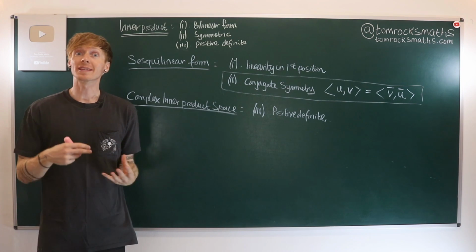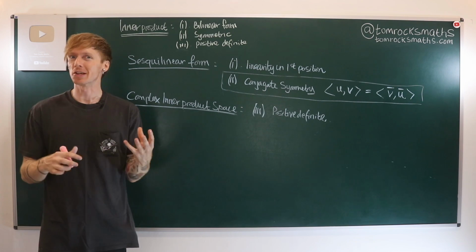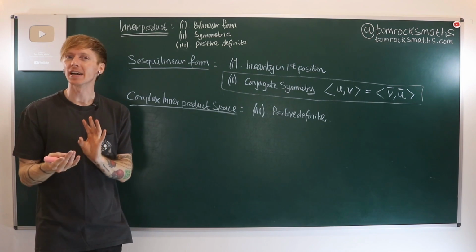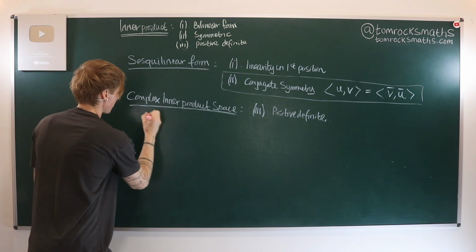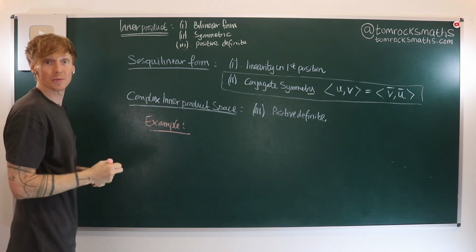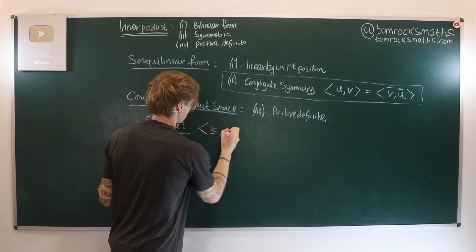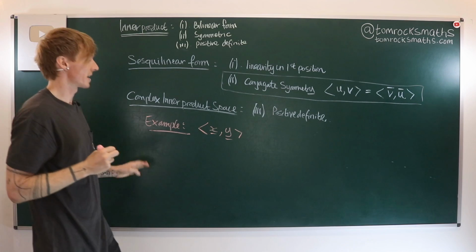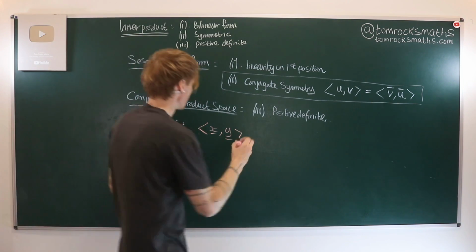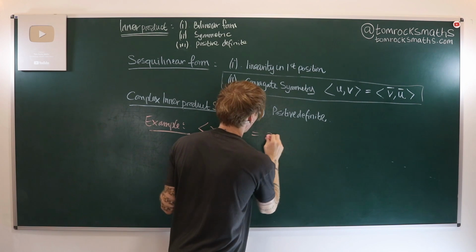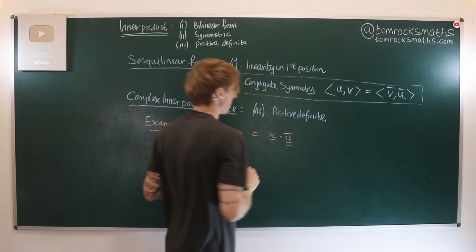As before, the simplest example follows from something very similar to the dot product, just slightly modified for the complex number setting. So, example. If we have two vectors, let's call them x and y, then we define the sesquilinear form, or the complex inner product, to be equal to x dotted with y bar.